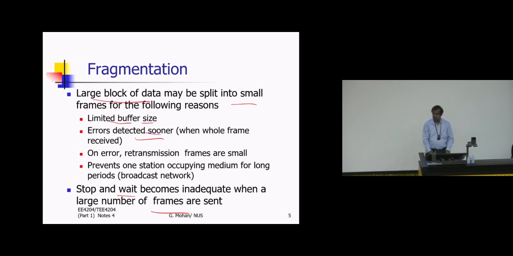On error, this is a very important reason: retransmission frames are small. If you send a very large frame, say 50,000 bytes, even if one bit is corrupted, you need to send another 50,000 bytes. But if you send 1,000-byte frames, even if one bit is corrupted, you will be retransmitting only 1,000 bytes. So for that reason, we want to have the frames small.